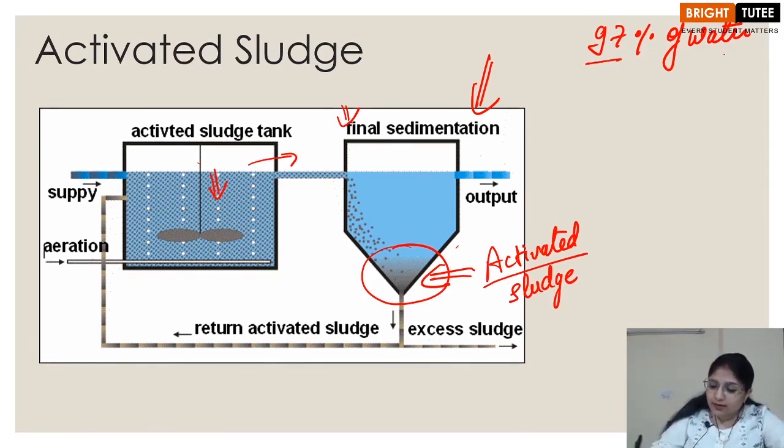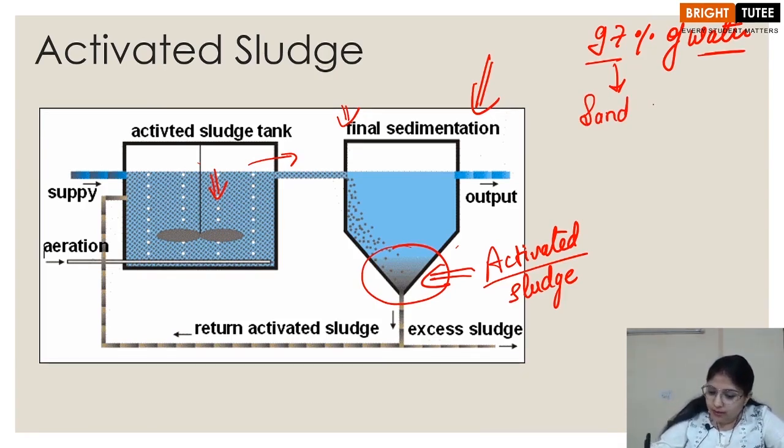Remember students, because it contains microbes, right? It contains the bacteria that helped in the clarifying or cleaning of the water. So this activated sludge is 97% water. Now this water is removed by sand drying beds, right? Because we want to use the activated sludge, but 97% of water is of no use to us.